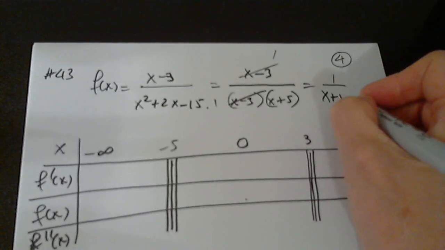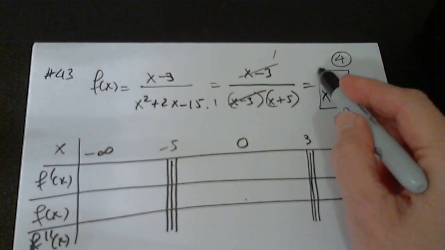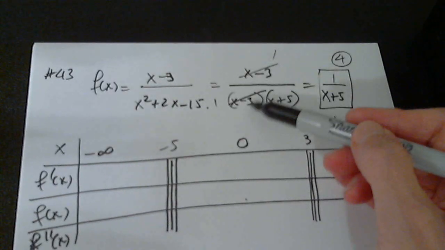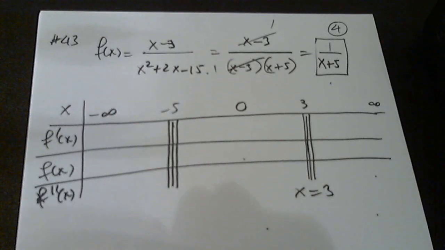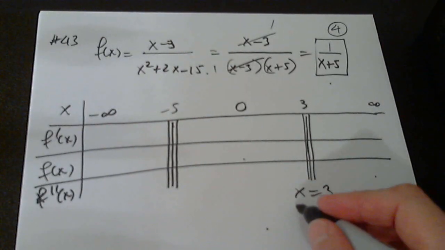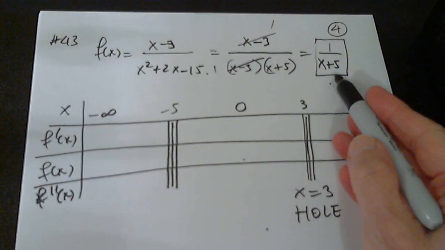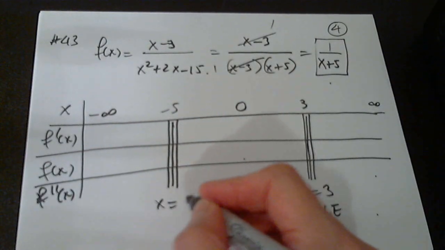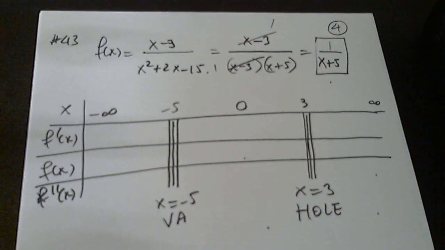And we are no longer working on this function, but we are working on this function. Because the factor of x minus 3 disappeared, x equals 3 is not a vertical asymptote, but a hole in the graph. The factor that remains in the simplified form is a vertical asymptote.